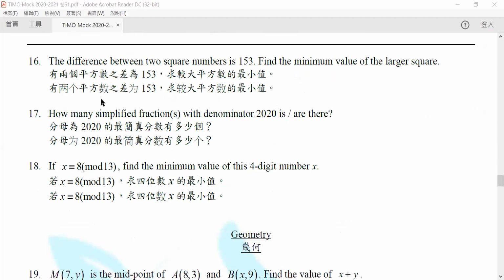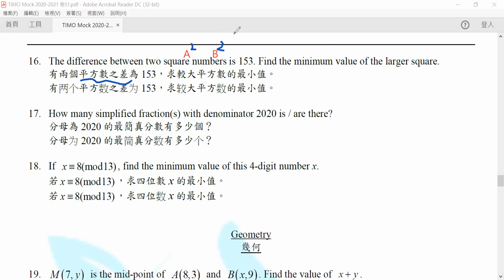Now, let us say that those two numbers are a square and b square. These two numbers are square numbers, right? Now, what is the difference of it?